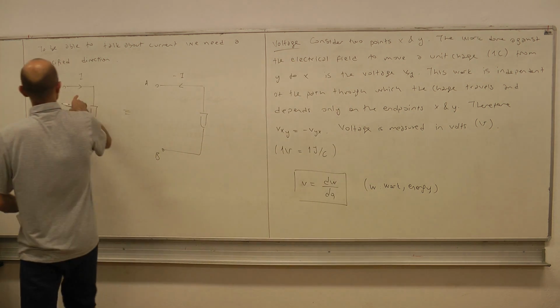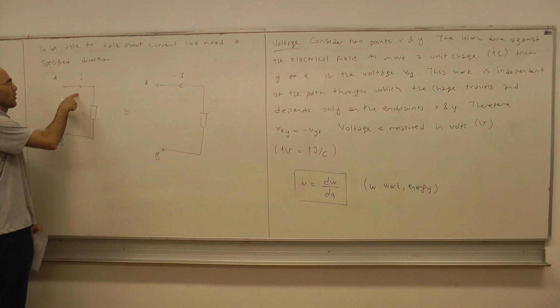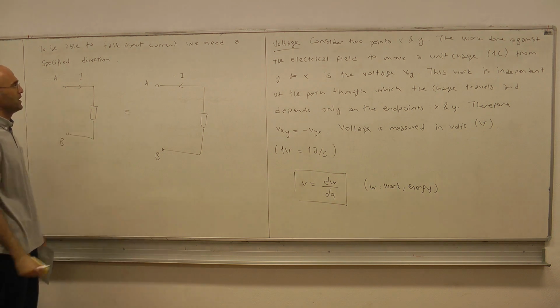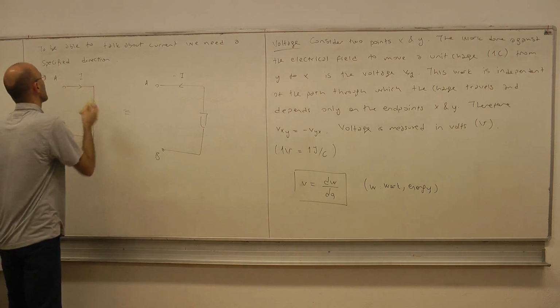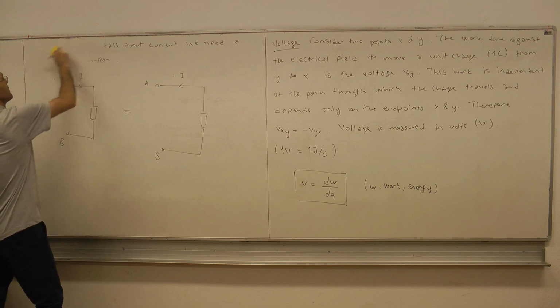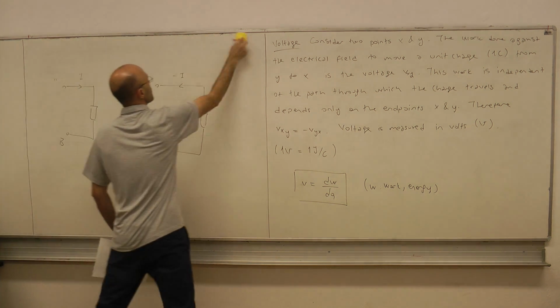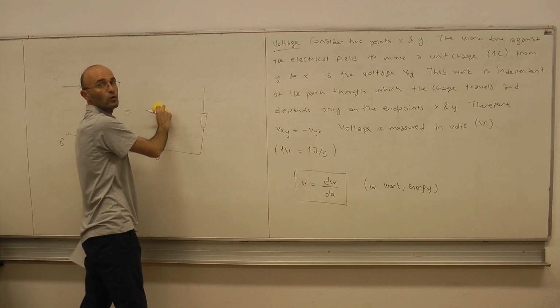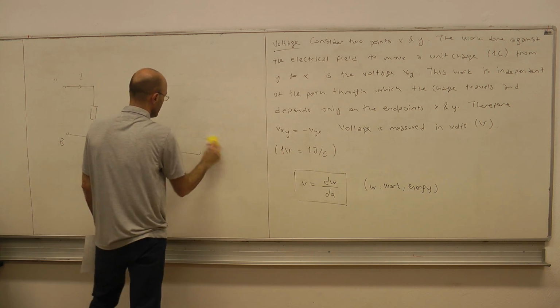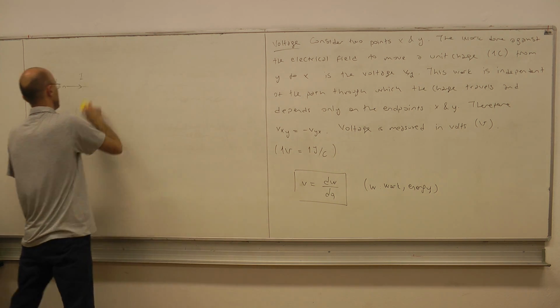Now, in order to be able to talk about the current, we needed a specified direction. And a similar thing holds also for voltage. To be able to talk about voltage, we need a specified so-called polarity.